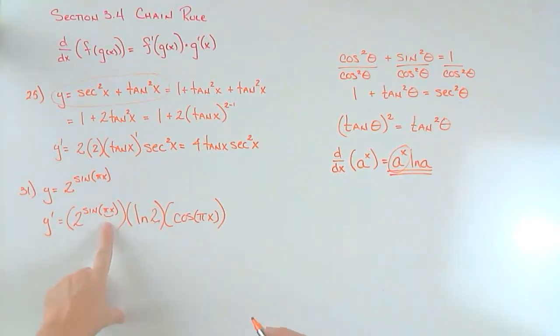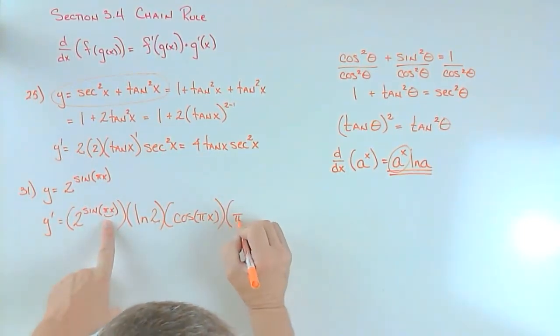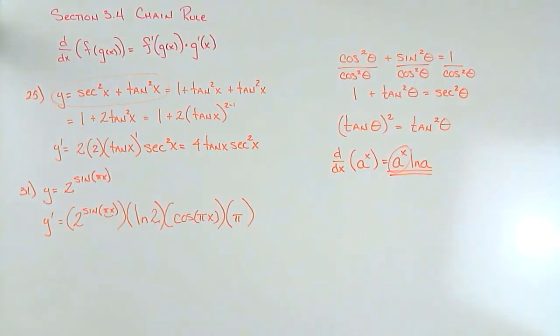So we've got to take the derivative of pi times x. Now, if you have 7x, the derivative is 7. If you have 12x, the derivative is 12. If you have pi x, the derivative is pi. So now there's no real nice way to write this. We can't put any of these things together. So we typically put our coefficients out in front. This is our coefficient, so we put pi there.